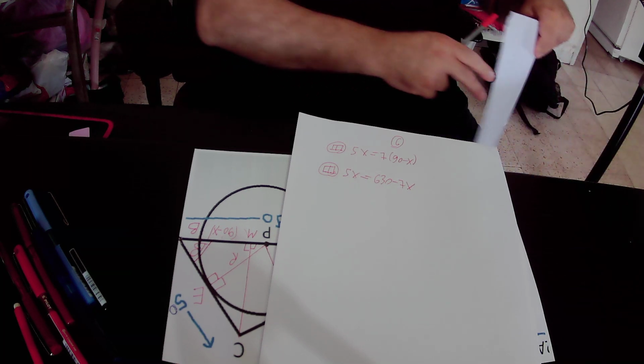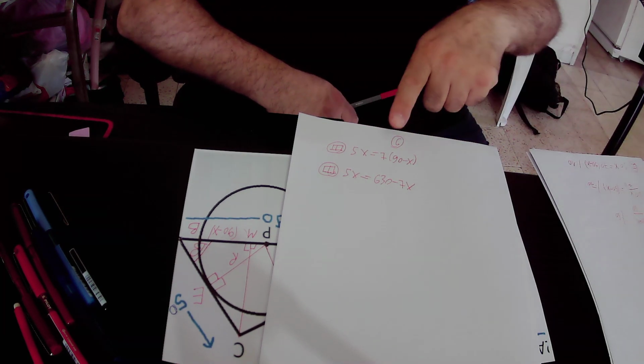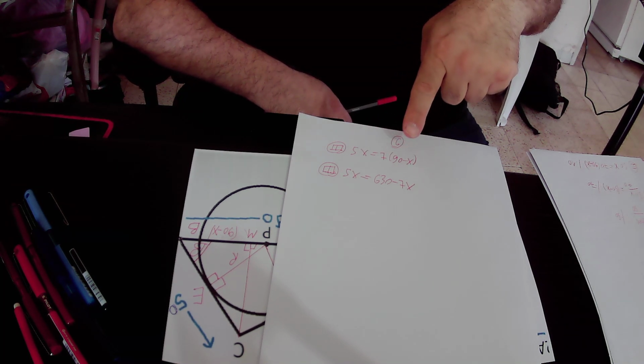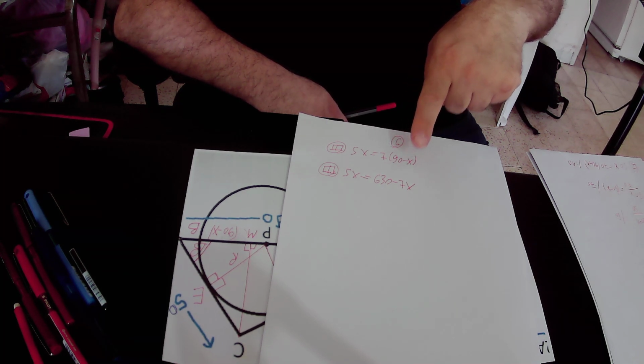So I opened the brackets in this side of the equation. 7 times 90 equals 630, and 7 times minus 6 equals minus 7x.